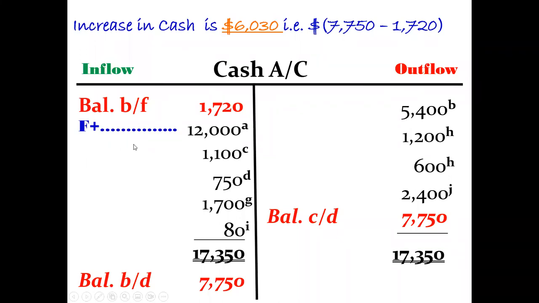Take your time. Look at the next one now. That 1,100. That was a service we did provide and get paid for. So what kind of activity would that one be? Operating activity.